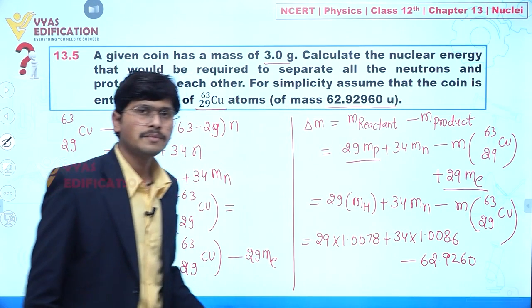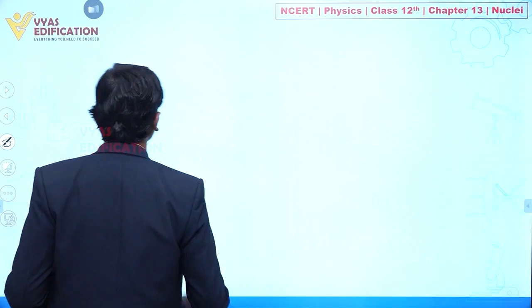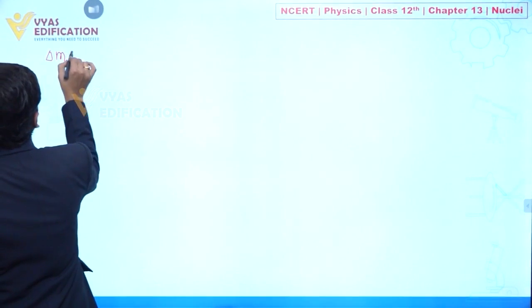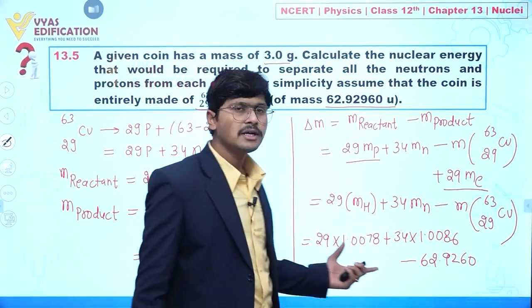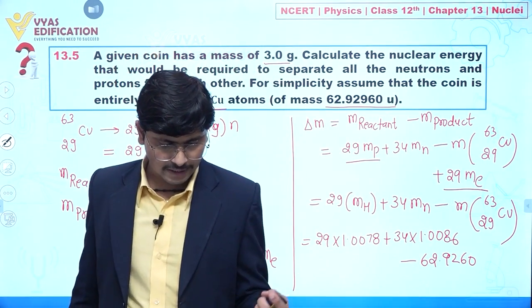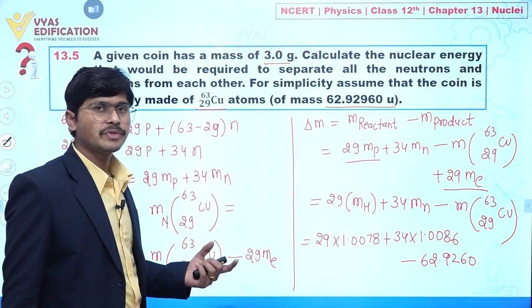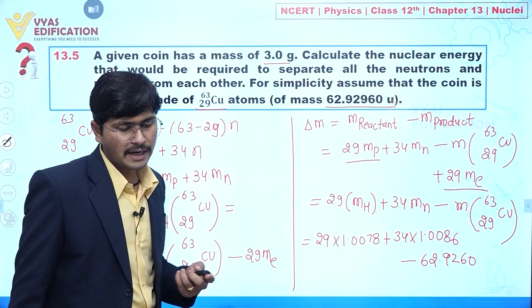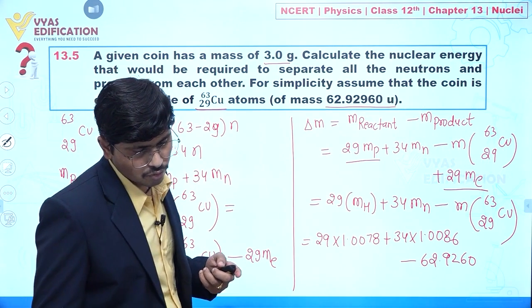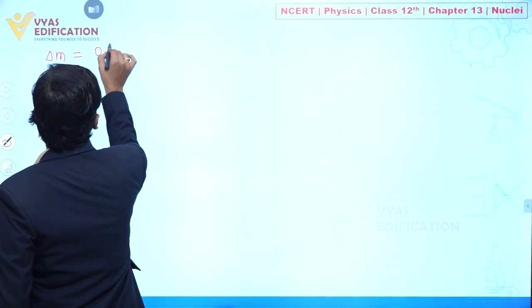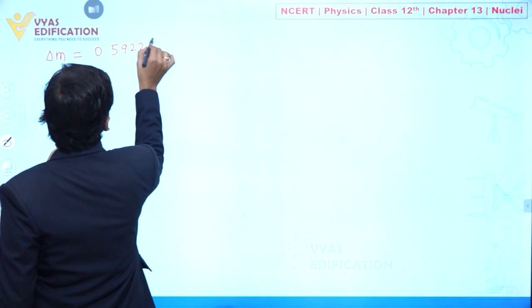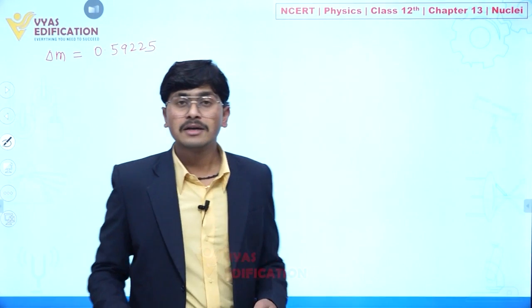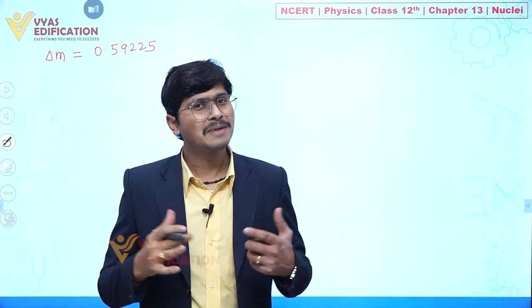From that we can write the value of delta M, the mass defect. If you calculate, you can easily find this value of delta M, which will be near about 0.59225. Clear.